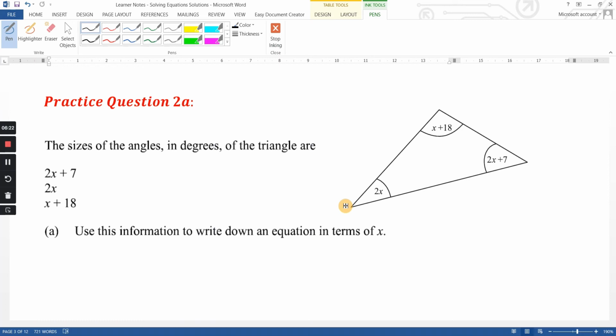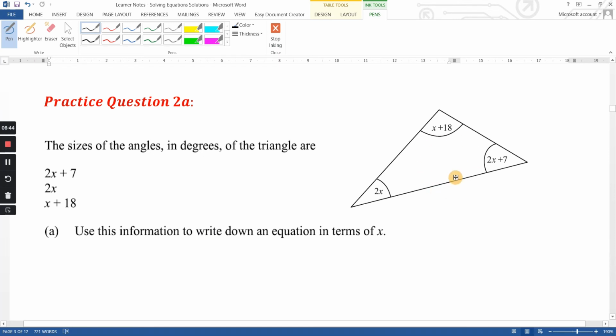Okay, let's have a look at this then. Practice question 2a: the sizes of the angles in degrees of the triangle are 2x plus 7, 2x, and x plus 18. Use this information to write down an equation in terms of x. What do we know about angles in a triangle?